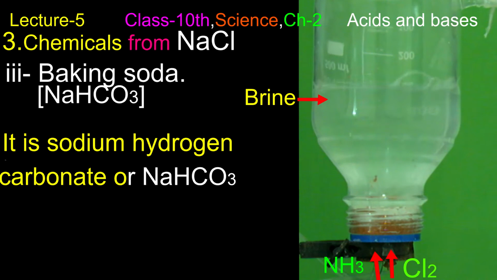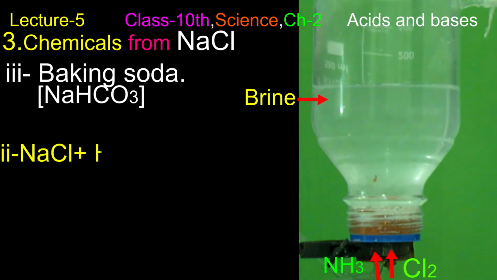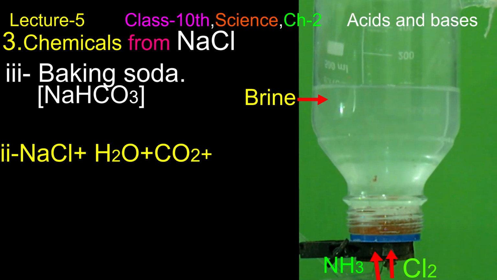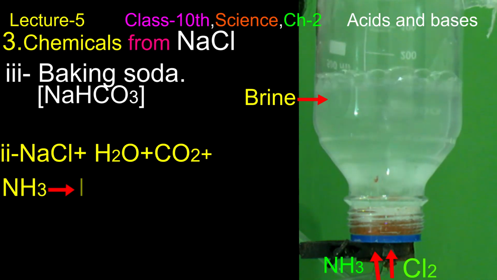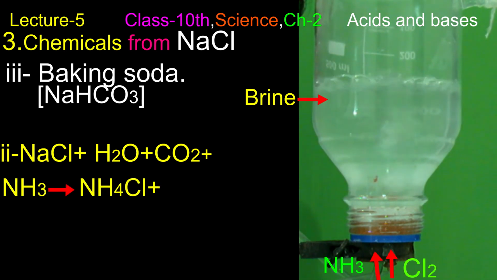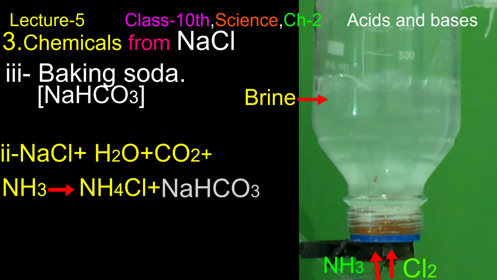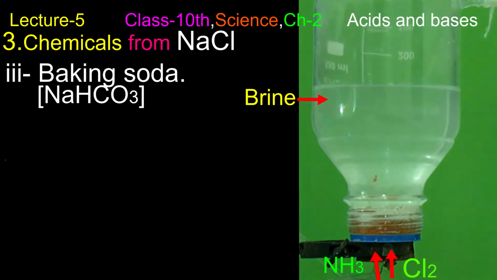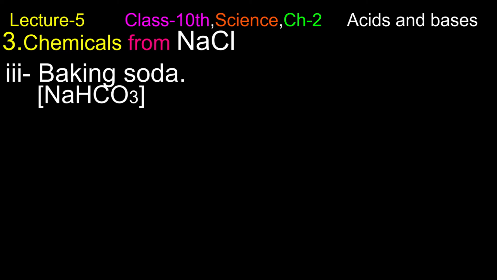The reaction is NaCl plus H2O plus CO2 plus NH3 produce NH4Cl, which is called ammonium chloride, plus NaHCO3. This is sodium hydrogen carbonate or baking soda.